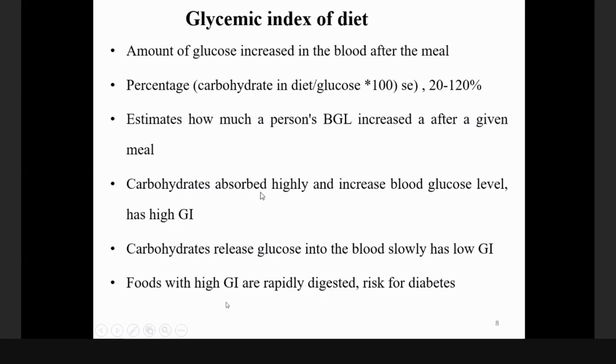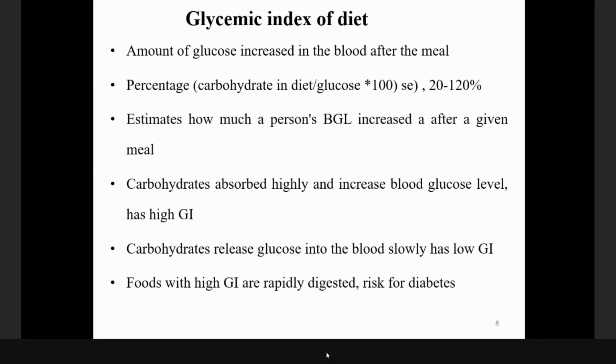absorbed highly in your GI or gastrointestinal tract, increases the blood glucose level highly. So any diet rich in carbohydrate has a high glycemic index, or any meal or any diet containing carbohydrates that can be absorbed easily in the GI has a high glycemic index.